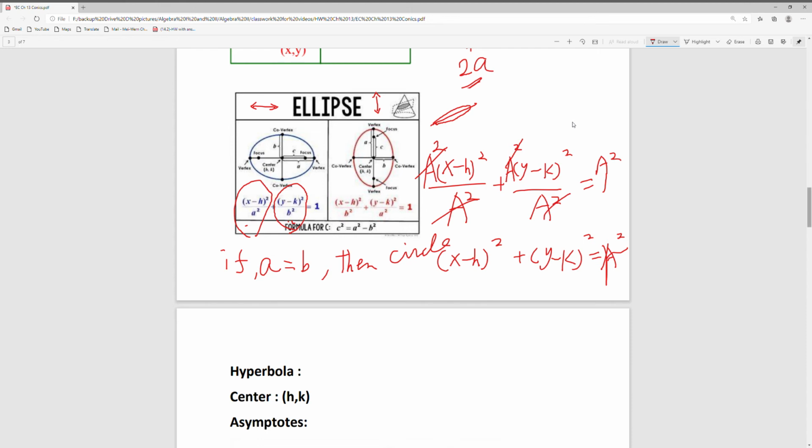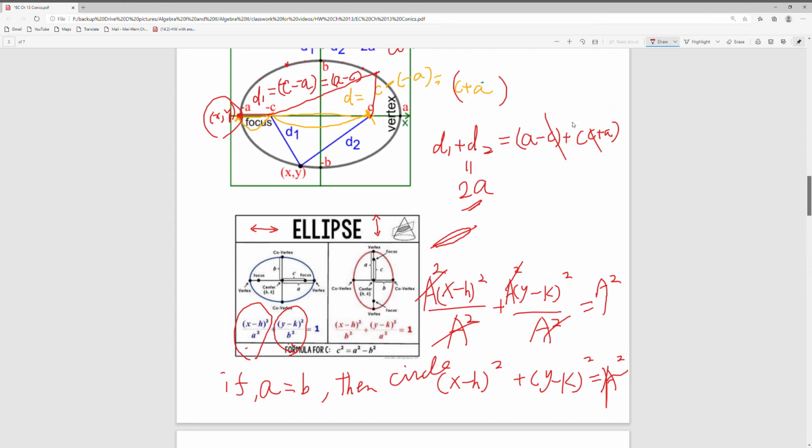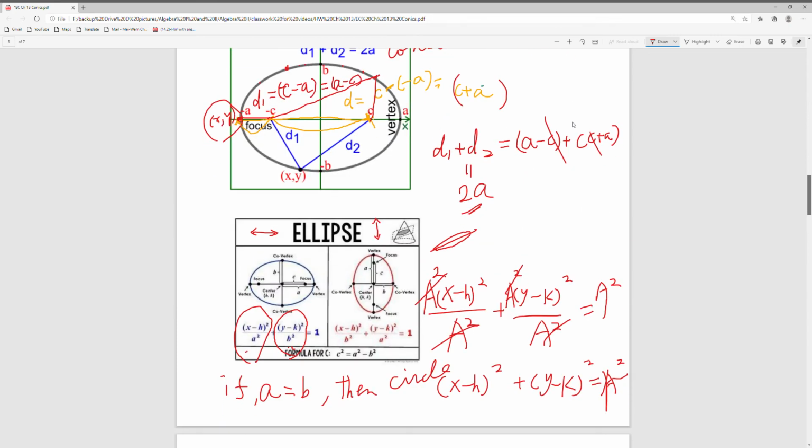So this is for the detailed calculations, how to do the transformation. Here, this is (h, k), the center is (h, k). So when (h, k) equals (0, 0), then the center will be the origin, and these are (a, 0) and (negative a, 0). But if your center is not (0, 0), your center is (h, k), then all the coordinates will be different.